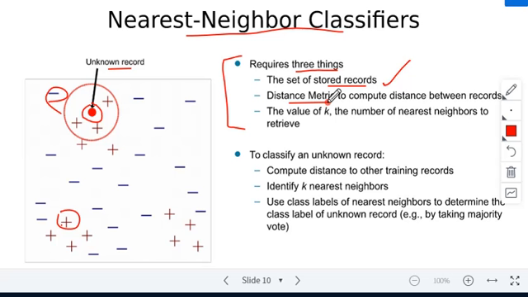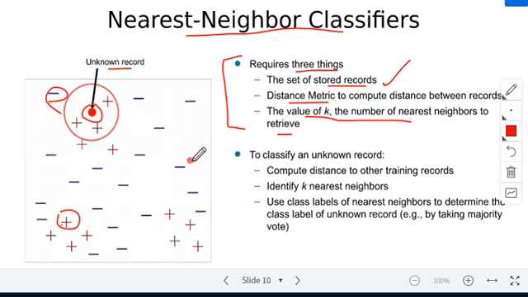Then we need a value of k, that is the number of nearest neighbors to retrieve. So first we need the training data, second the distance function. Which distance function we have to use, whether it is Euclidean, Manhattan, or Minkowski, or another distance formula is also there.